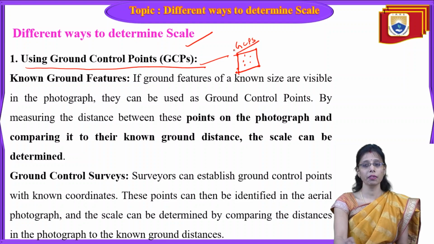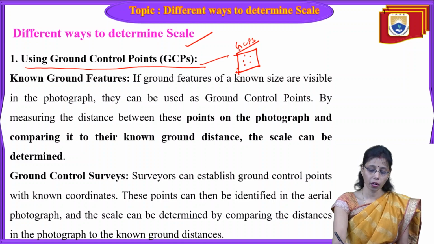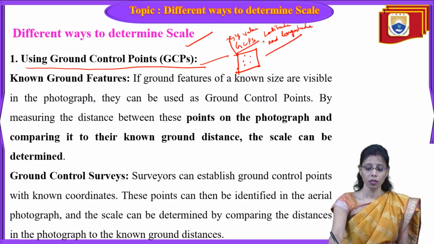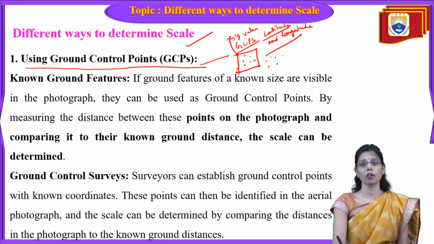Each point will have an x and y value, that is latitude and longitude. If you have 5 points or 6 points, each point will have the x and y coordinates. These coordinates carry the information of the ground.